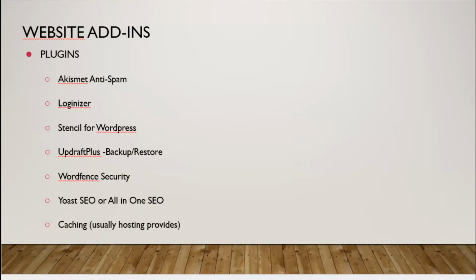Both have free versions. And the other thing you have to check is that you have caching, which is usually provided by the hosting provider, that will help make your website work better, because it'll clear out any temporary loading and that kind of thing on your website.